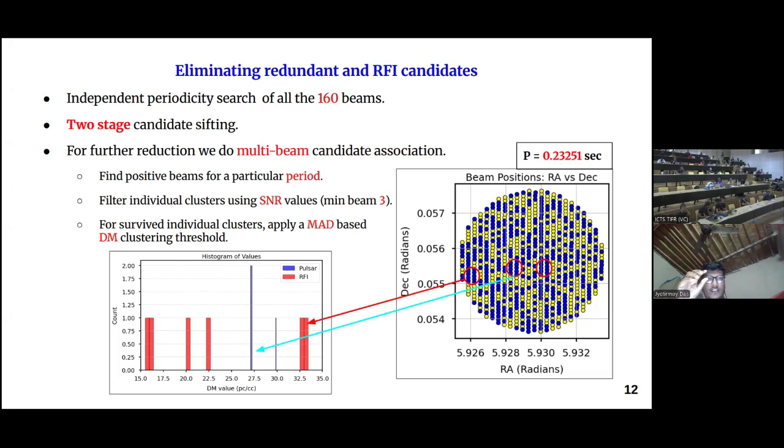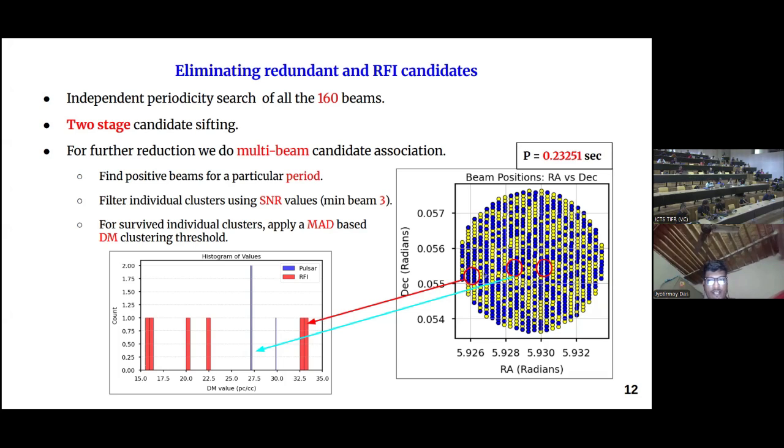That candidate will have a spatial cluster and also a DM cluster: a similar DM value, and it will be close by in the spatial part. That will allow us to eliminate most of the candidates, because RFI might have a random DM response. But if it is a pulsar, let's say this middle circle is a pulsar, then it will have a clustered response in the DM space and also in the spatial space.